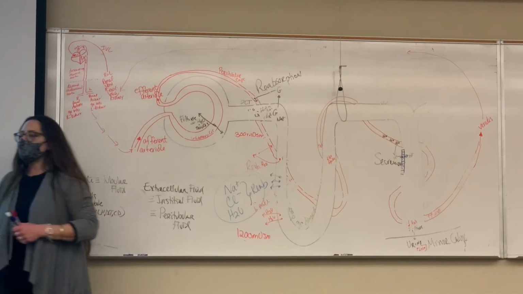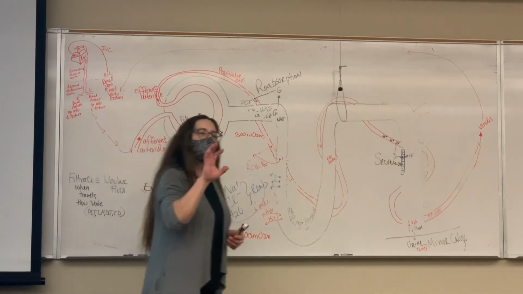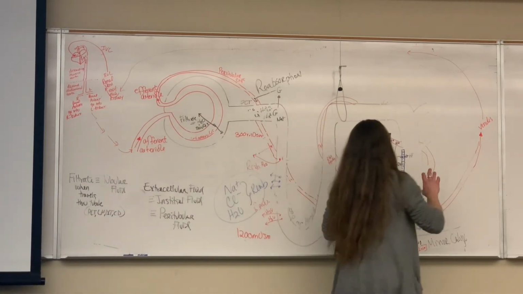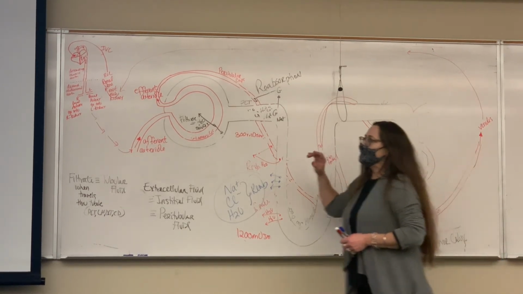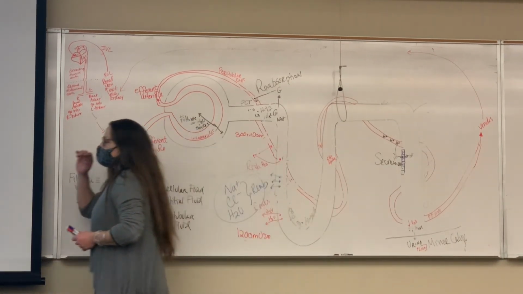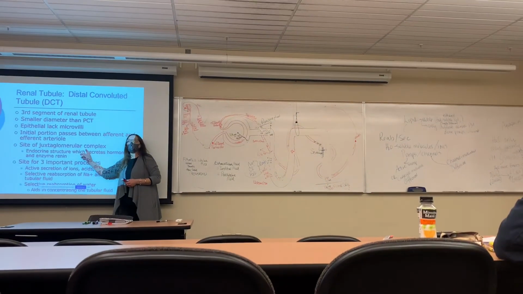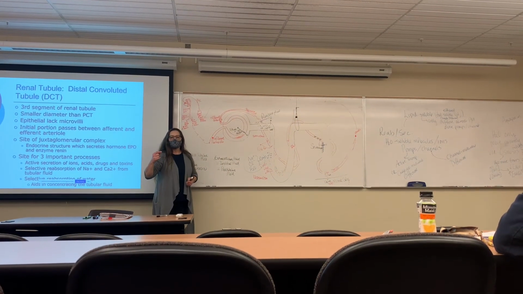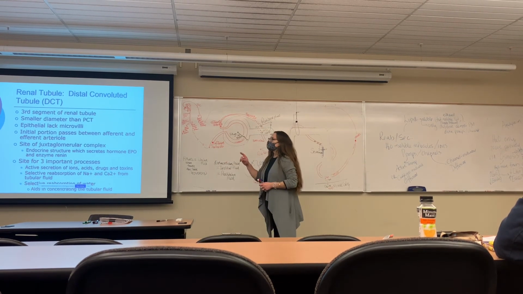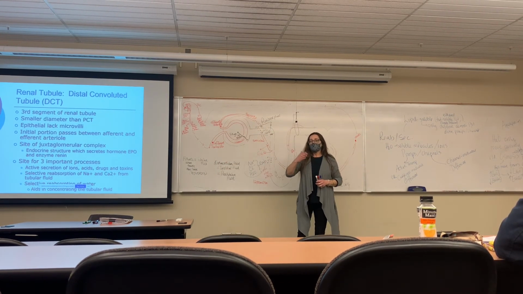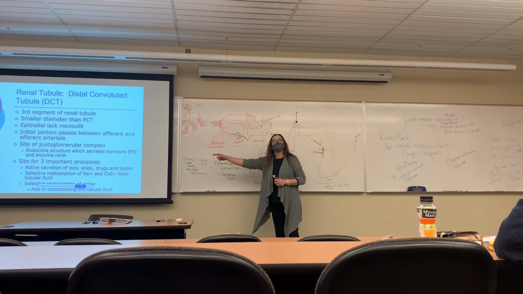Now, at the DCT, there are gonna be some special structures associated with the DCT. One of those special structures is called the juxtaglomerular complex, or you'll also see it called the juxtaglomerular apparatus. Earlier I said, don't confuse juxtamedullary nephrons with the juxtaglomerular complex.